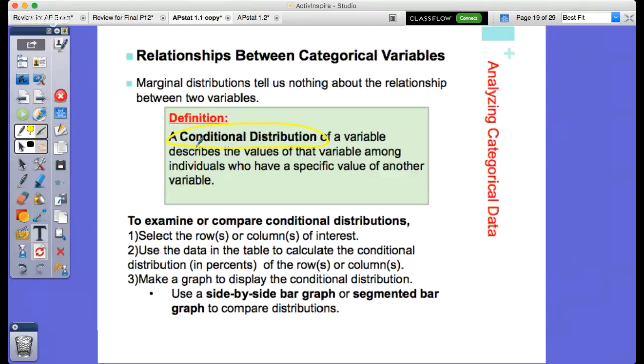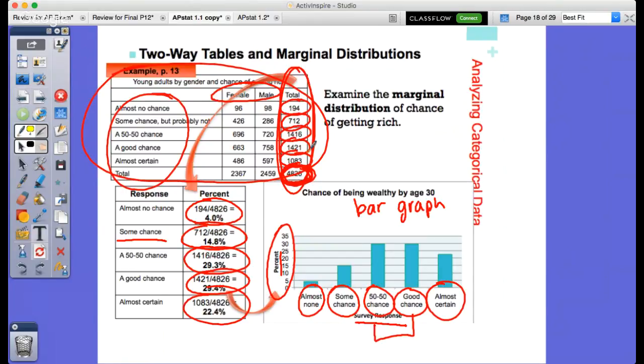Okay, now this describes the values of that variable among individuals who have specific values of another variable. So instead of doing just simply the total like I did, now we're going to have a condition on it. The condition that we're putting on it is what's in yellow, which is the difference between both males and females, and seeing if those percents make a difference.